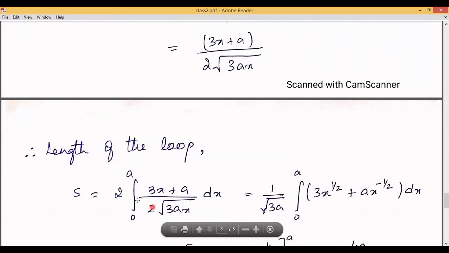This 2 will get cancelled, and this 1 by root 3a is a constant and comes outside the integral. So integral 0 to a. 3x by root x is 3x power half, and a by root x is a into x power minus half.